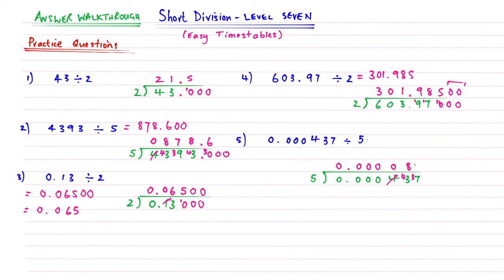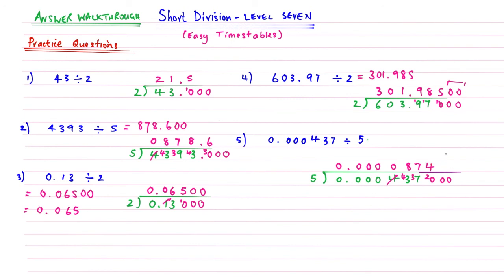5's into 37, well, that goes 7 times, but then we need 2 left over, because 5 times 7 is 35. This is a 37, so there's 2 left. Right, draw some zeros, so 1, 2, 3, and again, it doesn't matter, I always do my 3 zeros out of habit. Extend that. Right, so 5's into 37 goes 7 times, like we said, and then we've got a remainder of 2, and so 5's into 20, well, that goes 4 times.